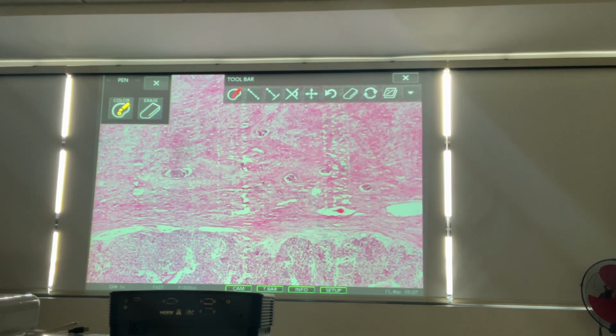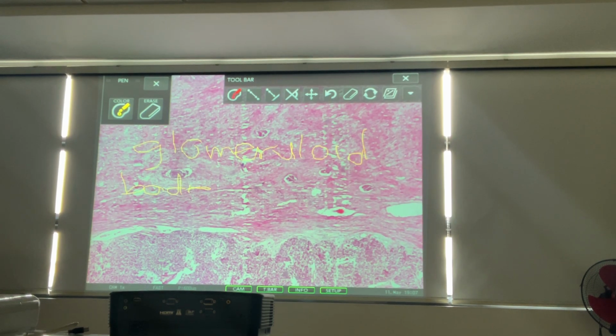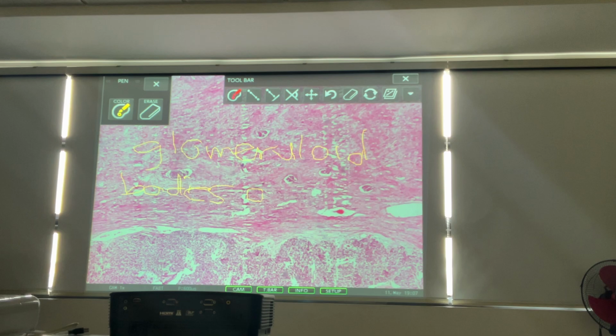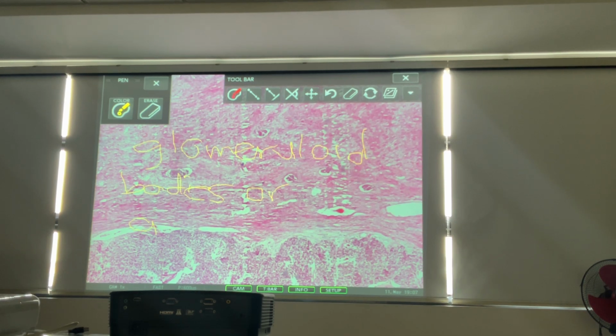Number 2 are your glomeruloid bodies or abortive tubules. It's like primitive renal tubules. That's the second component of the tumor.